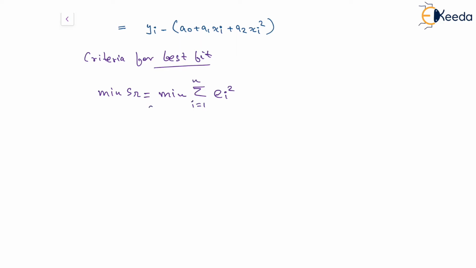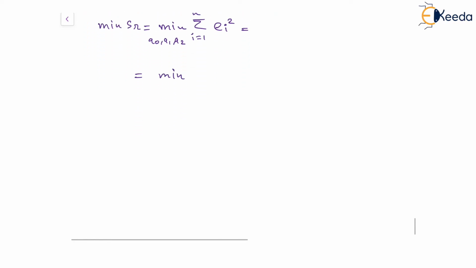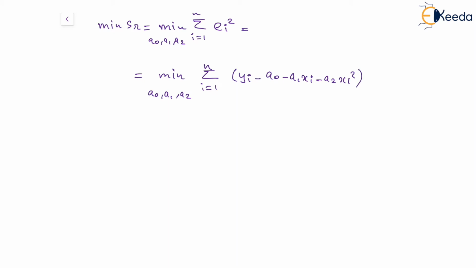The variables we have are a0, a1 and a2. Now this will be equal to the minimum over a0, a1, a2 of the summation from i equal to 1 to n of ei, which we have already found, which is yi minus a0 minus a1 xi minus a2 xi square, to the power of 2.